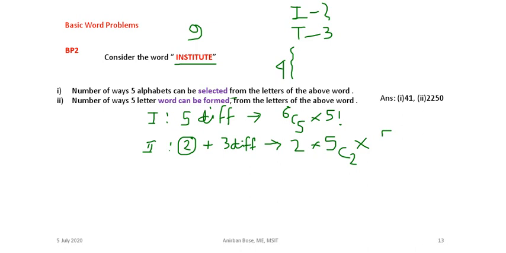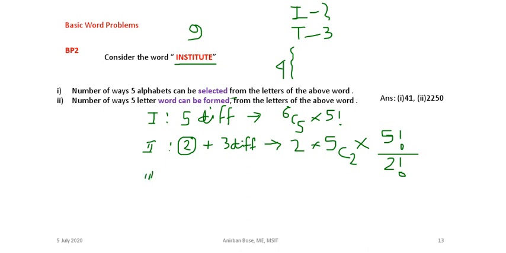So 5 factorial divided by 2 are similar, so divided by 2 factorial. So in this way they can be arranged among themselves. So when question of arrangement will come, we have to multiply all possible ways they can be arranged. In question of selection, this multiplication part was not there.